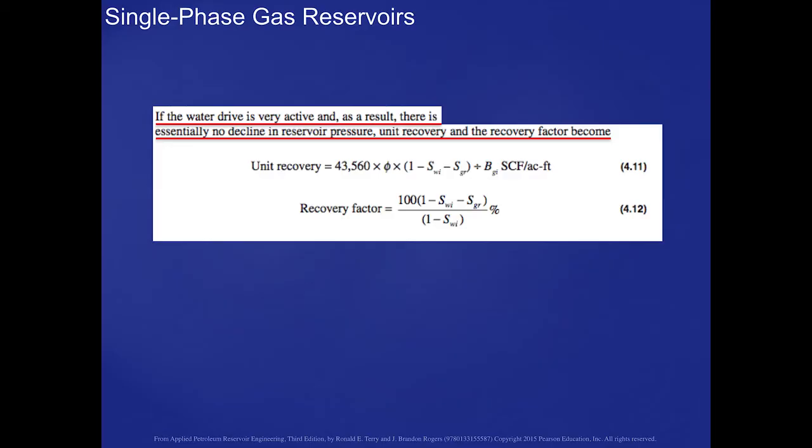If the water drive is very active, and as a result there's essentially no decline in the reservoir pressure, the unit recovery and the recovery factor become what they are in equations 4.11 and 4.12 expressed in this slide. Let's look at an example calculating the initial gas reserve of a 160 acre unit in the Bell gas field by volumetric depletion and under partial and complete water drive.